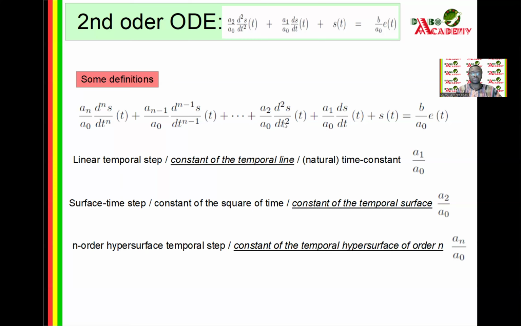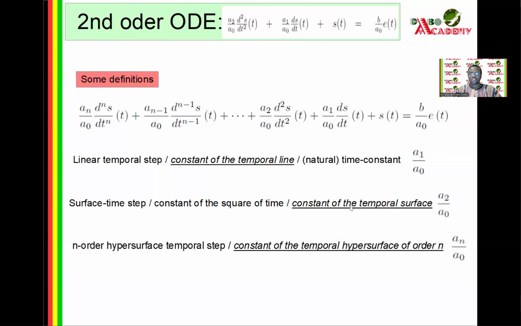And this surface of time will impose to keep the same unit here, so that for A2 over A0, the unit is second square. Okay, and so I call it also the constant of the square of time here, because it multiplies the square of time, and they simplify, and thanks to that you keep the units that you have here. Okay. I call it also the constant of the temporal surface.